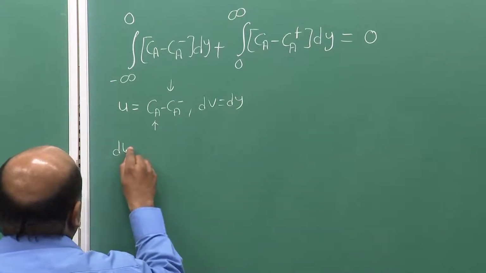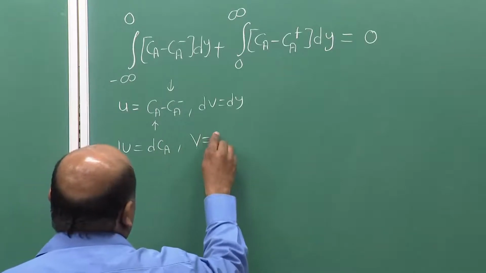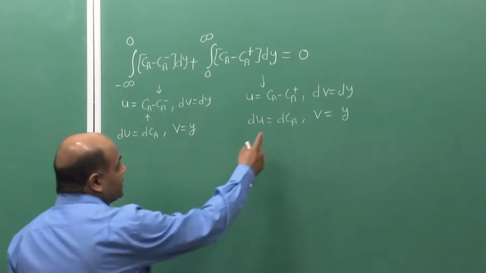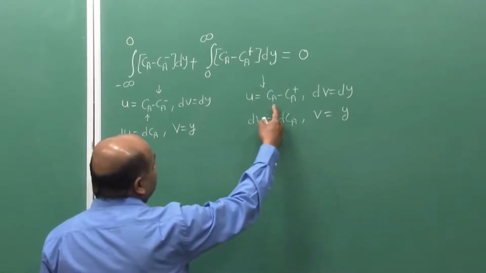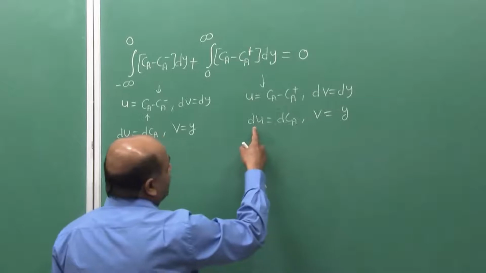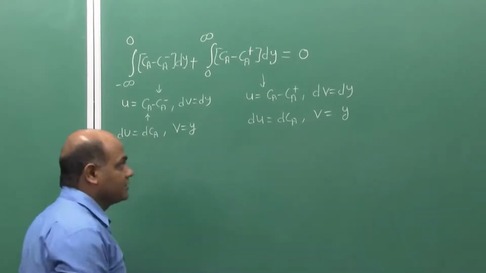So, we have du is equal to dCa and v is equal to y. Similarly, for the second integral, we will have u is equal to Ca minus Ca plus, and dV is equal to dy, and du is equal to dCa and v is equal to y.